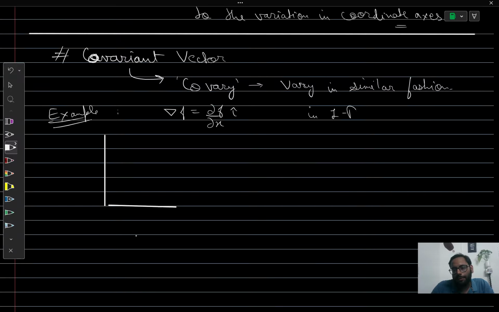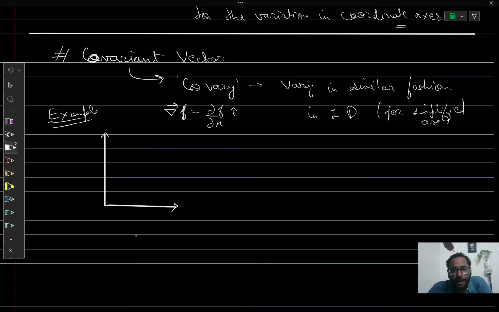Suppose 1D for simplification, the gradient of f in the i cap direction. Now this is my gradient denoted by nabla, and this is my function f. This is just a gradient, and it just measures how fast or how much my function is changing when I change my x axis, when I change my x coordinate.